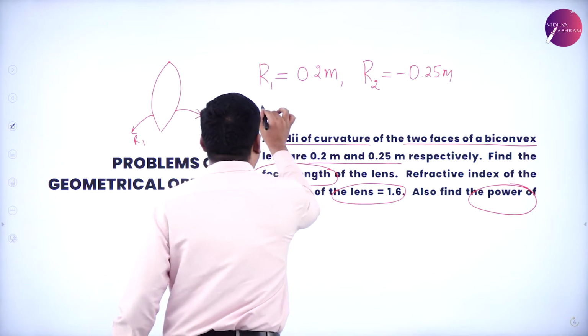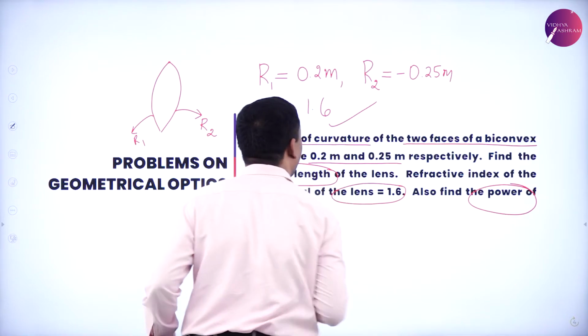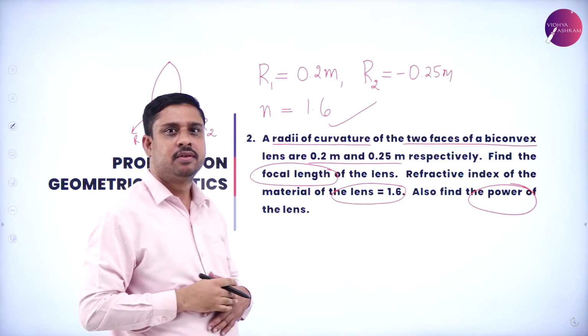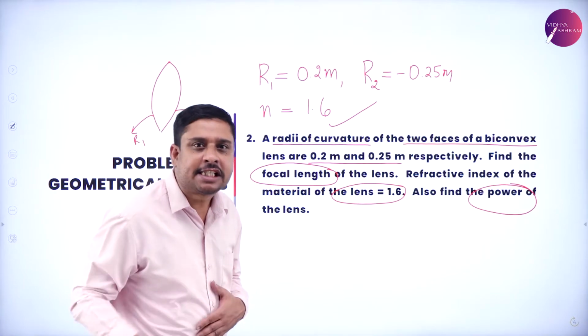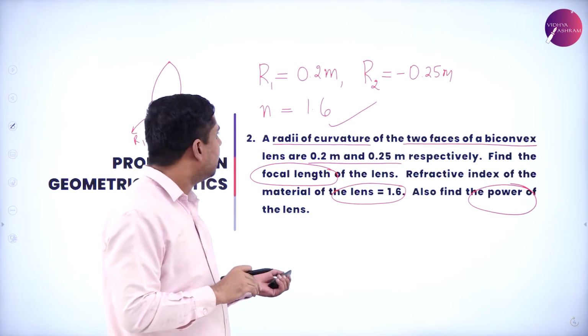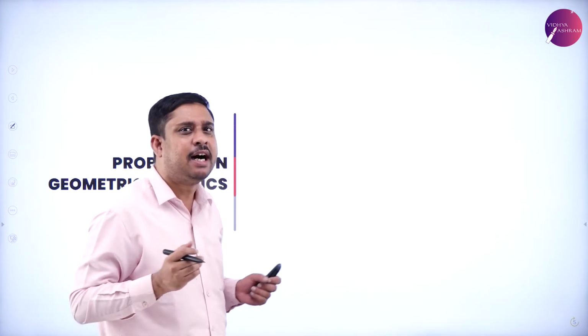And the refractive index is given, which is 1.6. With this data, I will first calculate the focal length of the lens. Who will help me? Mr. Lensmaker.